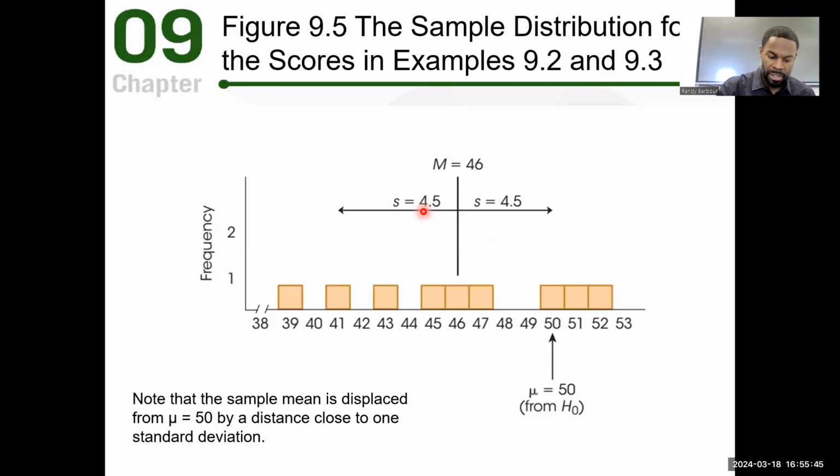All right, let me go share my screen. Given this information, I have my sample mean of 46, population mean of 50, and I have my standard deviation of 4.5.